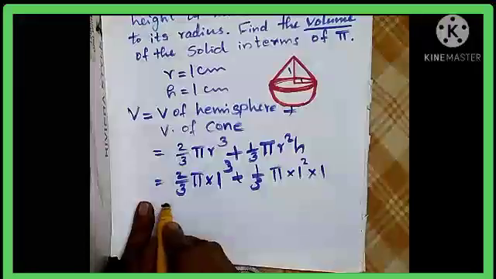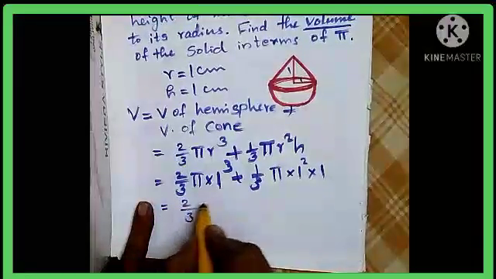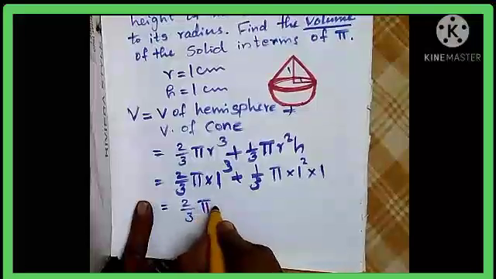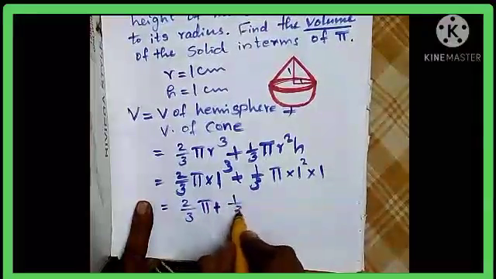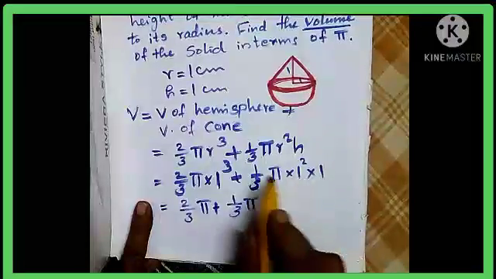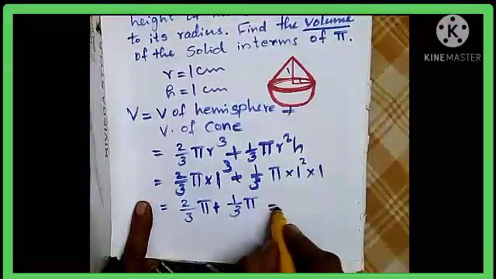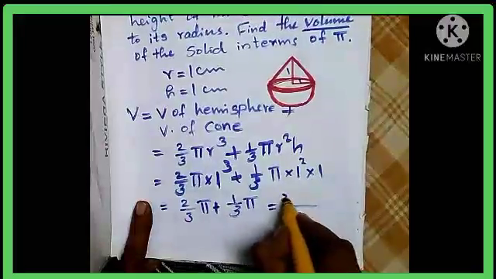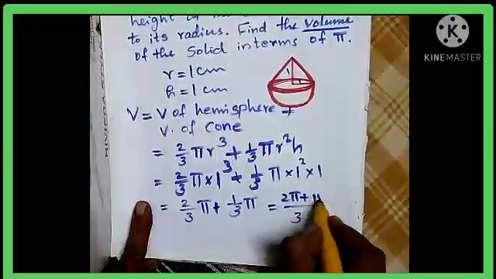Now what is it? 2 by 3 pi into 1 cube is the same as 1. So 2 by 3 pi plus 1 by 3 pi. Here also 1 square and 1, so the product will be 1. Now here you can see both the denominators are the same. So we can add the numerators, 2 pi plus pi.